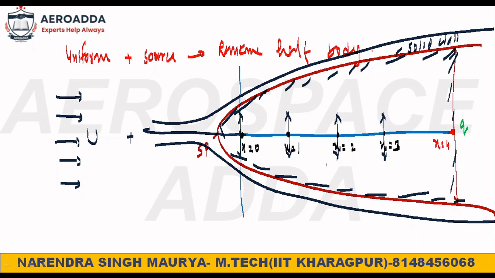So the total sum of the strength of sources inside the streamline must be zero, meaning they are not going to cross that streamline. That's the meaning of it. So at this streamline, inside the streamline, the sum of the strength of sources must be zero.